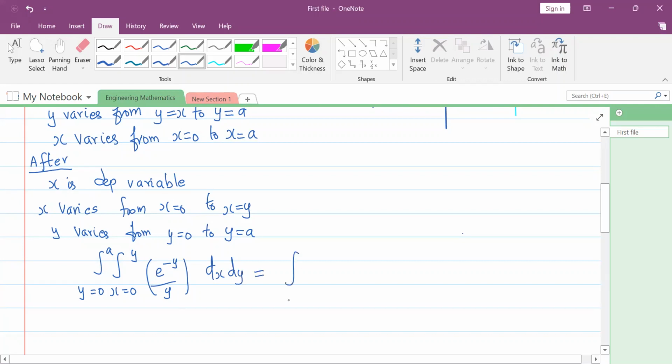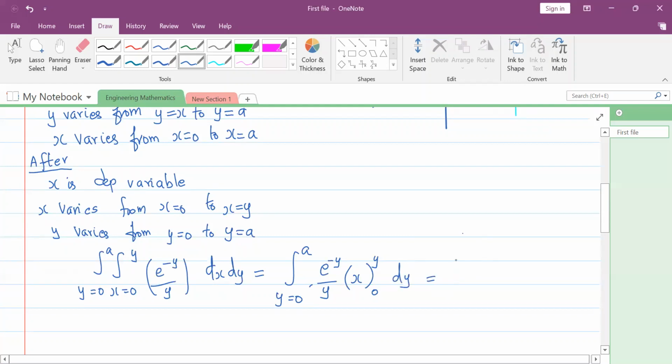Now I'm going to evaluate the inner integral. As you all know, the function is completely independent of x. So integral dx is x together with a constant. Here the constant is e power minus y divided by y, within the limits 0 to y. This limit is for the x term only.